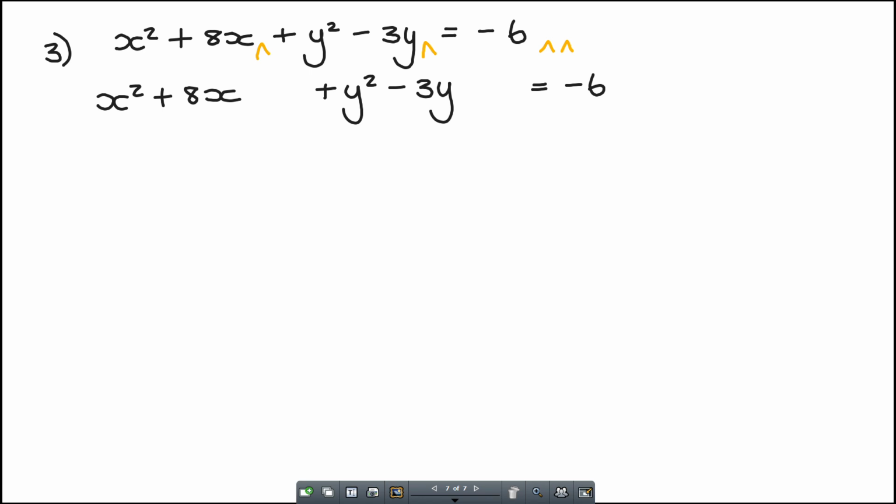Square the top, square the bottom. 3 over 2, 3 squared over 2 squared.